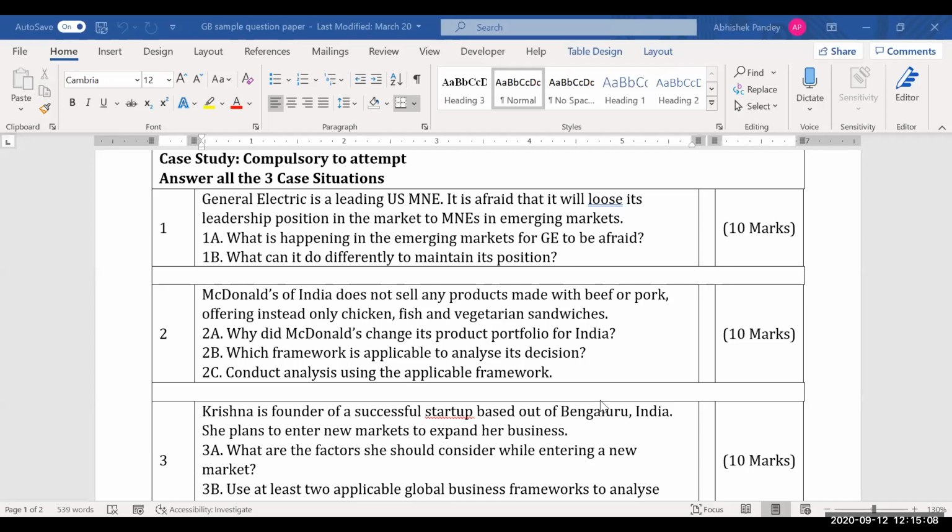We have studied those, so you use that to respond to it, and then say that these are the higher competitiveness, the early advantage, all those things you have to bring in, which would make a GE think about emerging markets as a threat. Then what GE can do is you can follow a framework of how to enter a foreign market, or your resource capability framework, or your institutional framework.